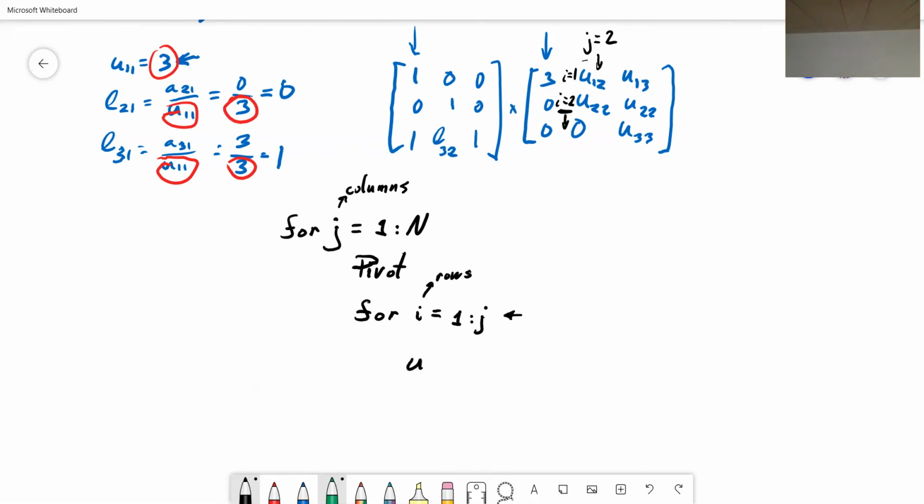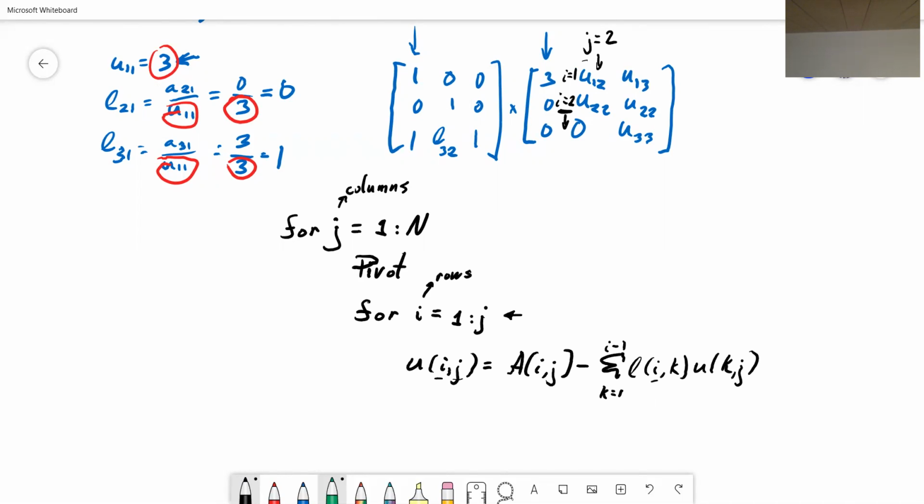So we will have that u i,j, so the current row and current column, equals, and this is there in the presentation, a indices i,j minus the summation of k equals 1 through the last row of L i,k, sorry, i comma k times u k comma j.